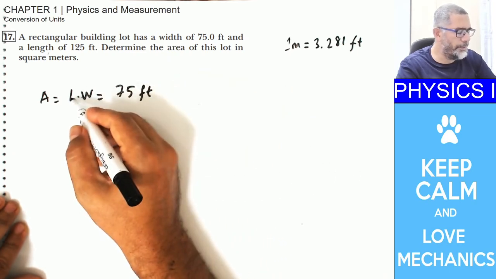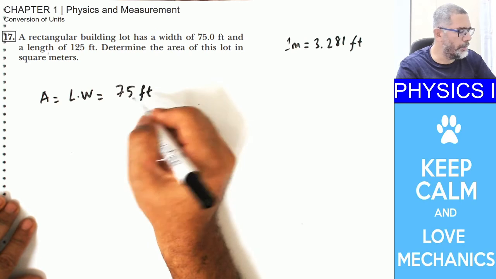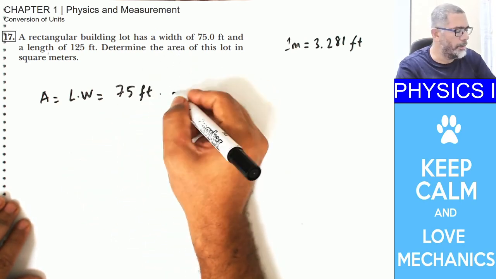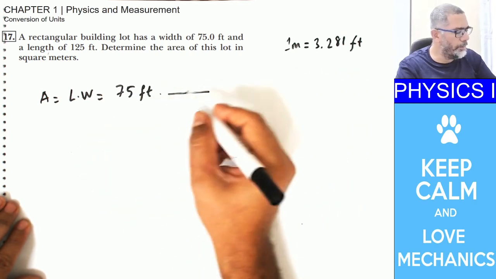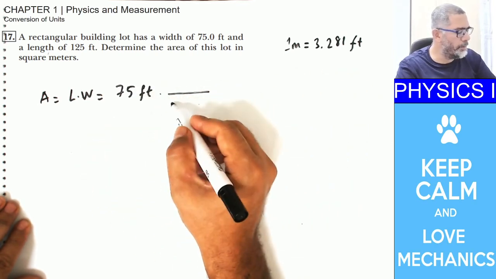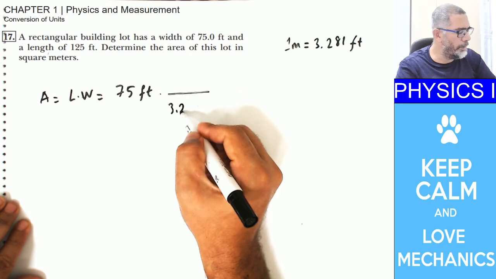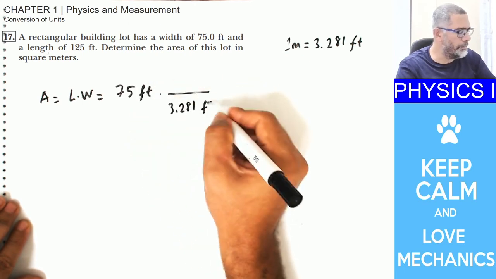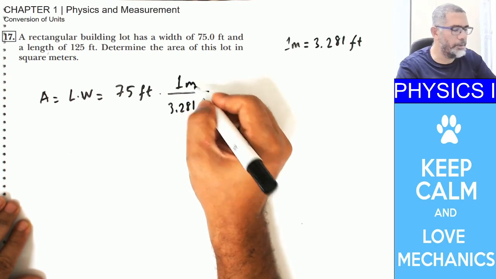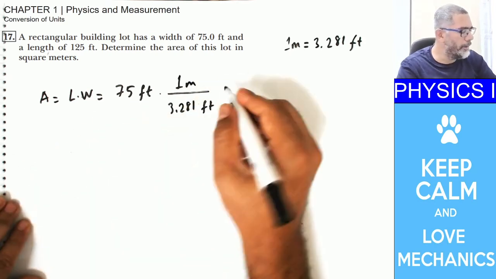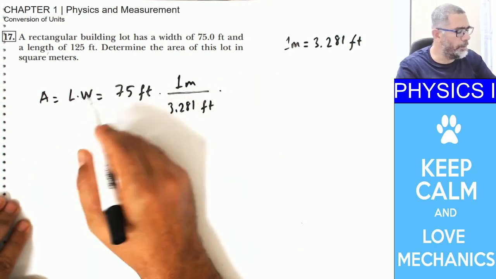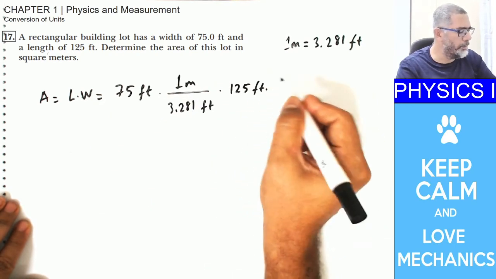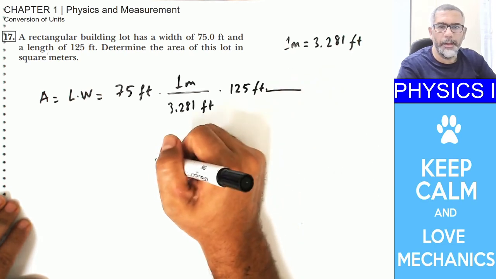So let's first convert the length to meter. So what conversion factor are you going to use? Obviously you have to get rid of feet, so you put 3.281 feet in the denominator because you want to cancel feet, and 1 meter on top. Alright, and multiplied by, let's convert now the width of 125 feet to, again, meter.